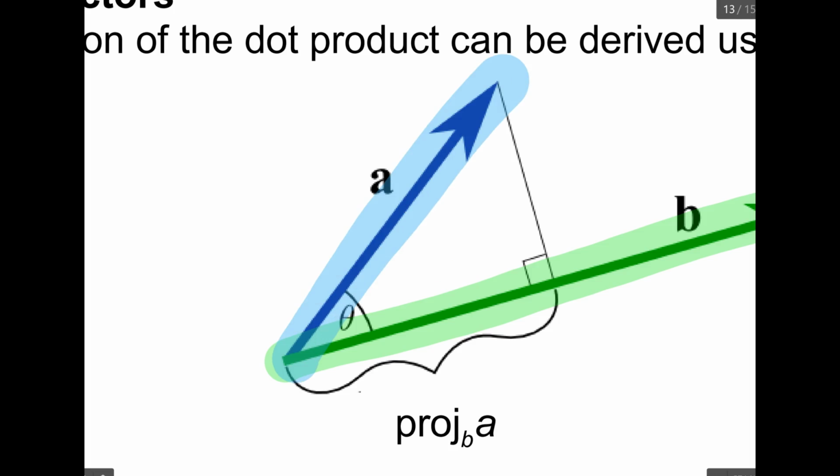So I want to know how much of a is actually parallel to b. So it's going to be this length. Literally, it's going to be the x component of a. That's the length that is going to be parallel to b. We're looking at the parallel portion, right? So dot products are about parallel. So this is really getting into theory and you understanding what dot product really is.